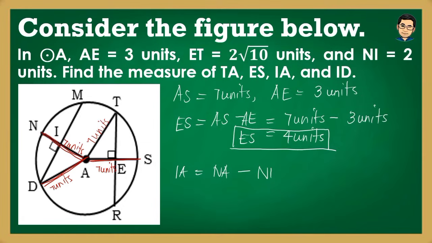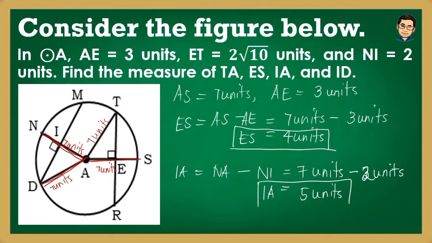So, yung NI po dyan is 2 units. And then, yung NA is 7 units. So, 7 units minus 2 units. Ayan. So, that is equivalent to 5 units. So, ibig sabihin po, ang sukat ng IA is 5 units.